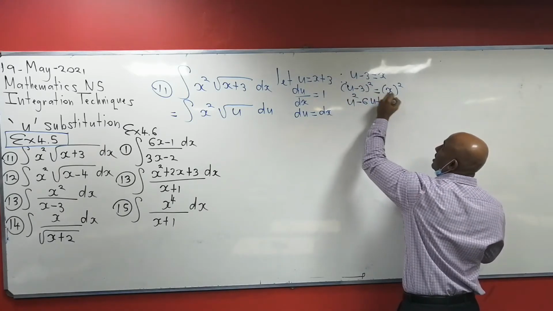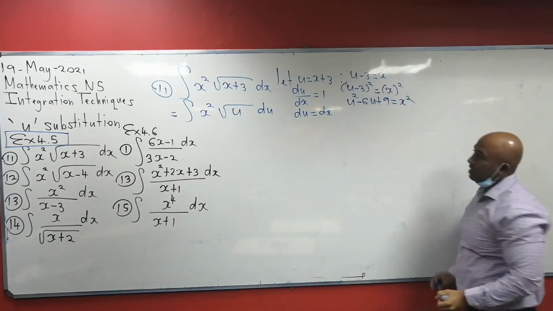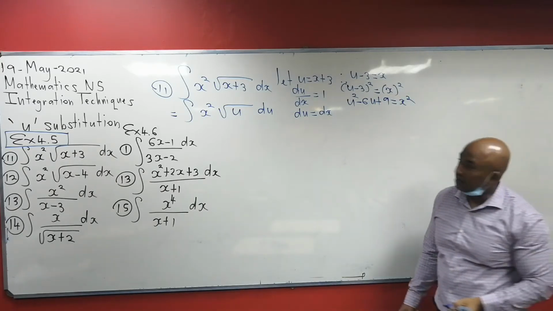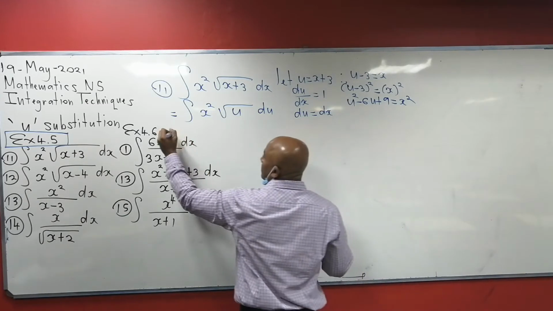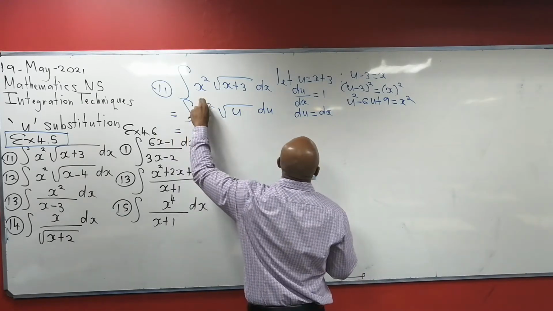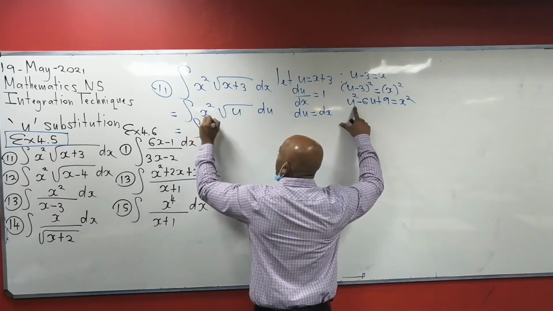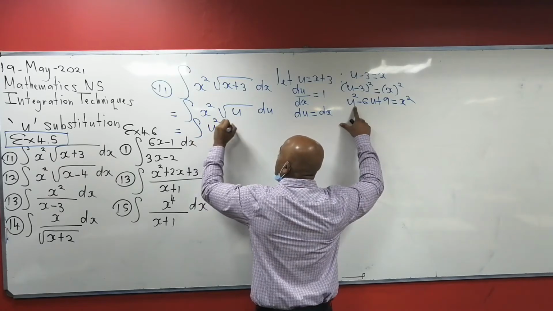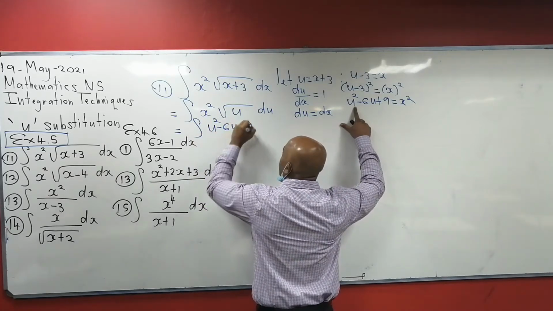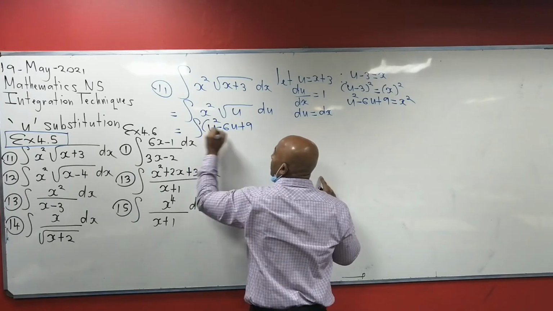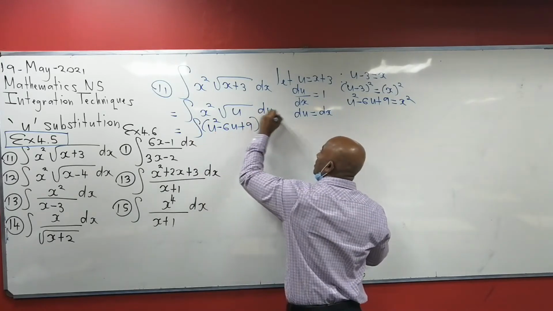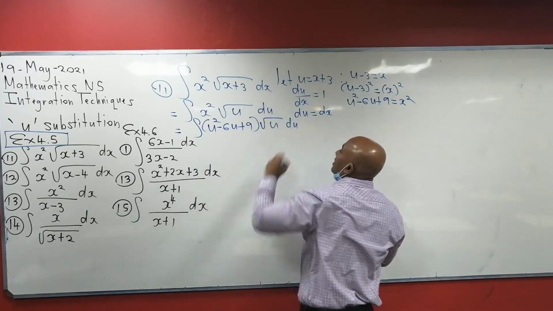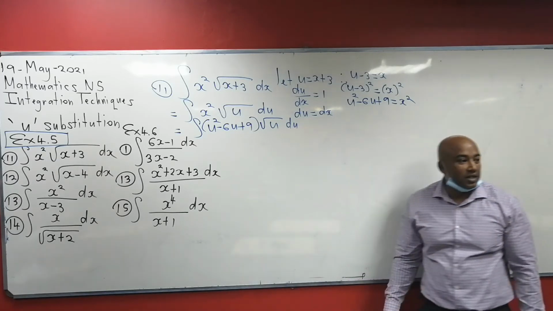Minus 3 squared is 9, and that's equal to x squared. Now I have a substitution for x squared. So this is equal to the integral of x squared, which is u squared minus 6u plus 9. And this is multiplied by the square root of u. And now everything is with respect to u here.